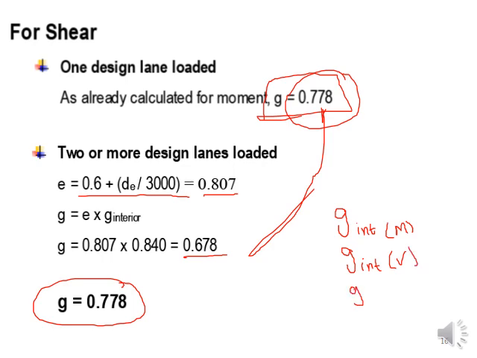Then you have the G value for the exterior girder for the moment, and then the last distribution factor for the exterior girder, same, but for the shear. So at the end of this step, you have these 4 distribution factors with you.